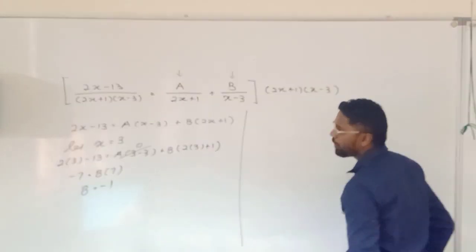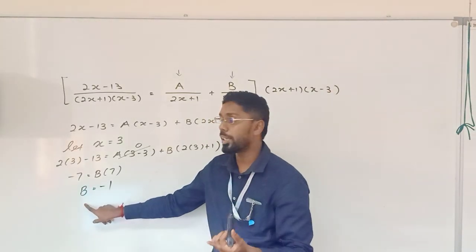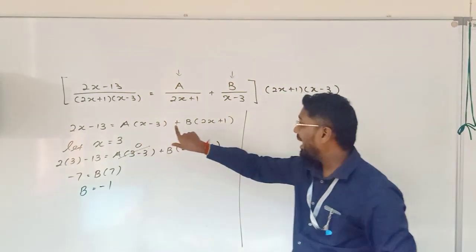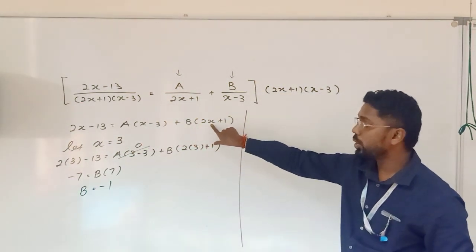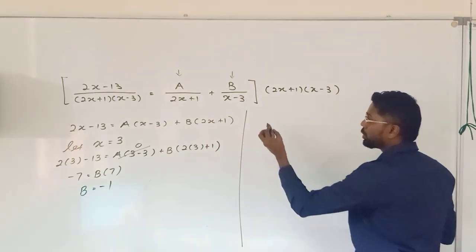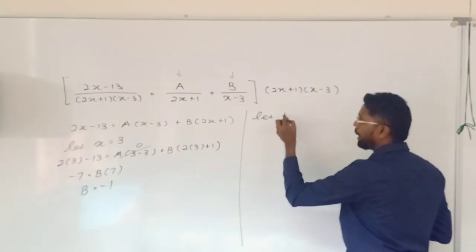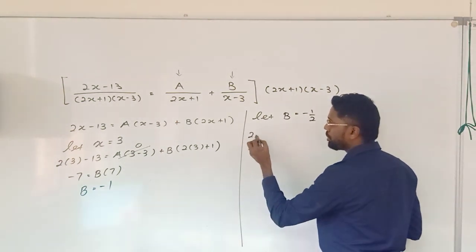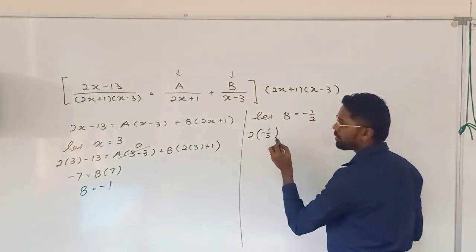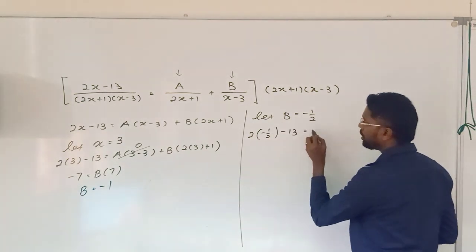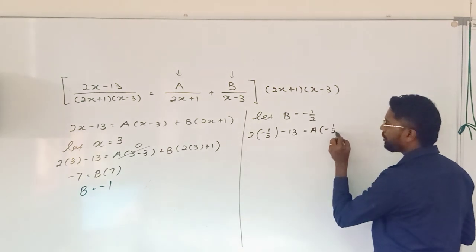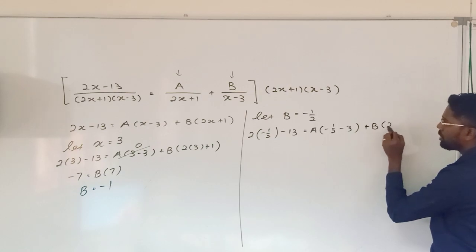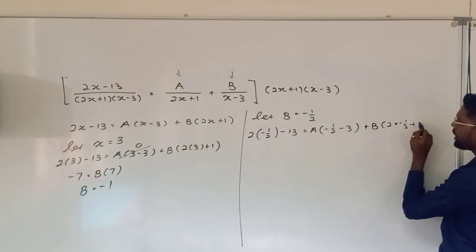Second, once I find my b, I go for the next constant, which is a. In order to find a, I want to eliminate my b. So I can let my x equal to negative half. Therefore it's going to be 2 times negative half minus 13 is equal to a times negative half minus 3 plus b times 2 times negative half plus 1.